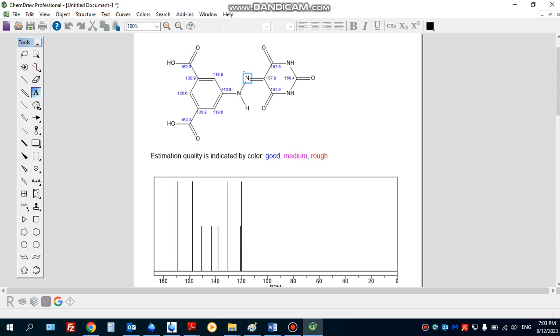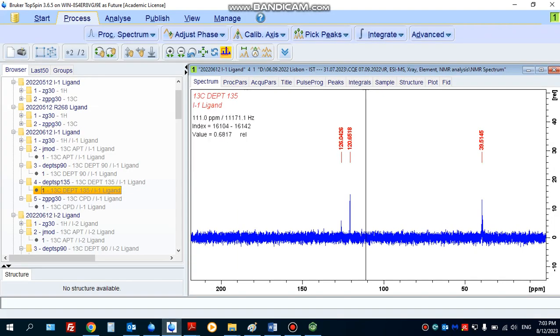From our structure we can see that we don't have CH2 and CH3. We have only quaternary carbon atoms and primary carbon atoms. CH2 groups will be downside, CH and CH3 groups will be upside, but no quaternary carbon atoms. So that is the main disadvantage of DEPT 135. Using DEPT 135 or DEPT 90, we will never identify quaternary carbon atoms. They are null and not visible in this method.